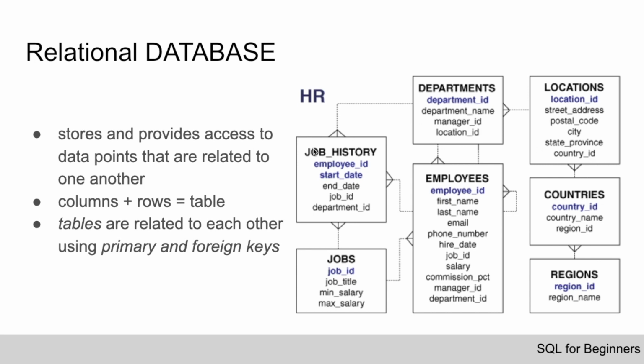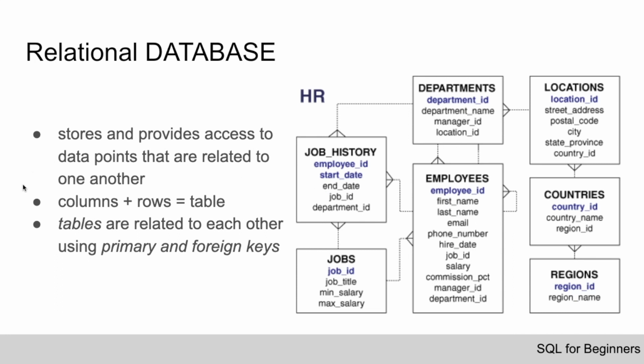And each table consists of columns and rows. Examples of the columns here would be employee ID, start date, end date, job ID, department ID. And each column, of course, would have some attributes, some values, which are actually the rows.